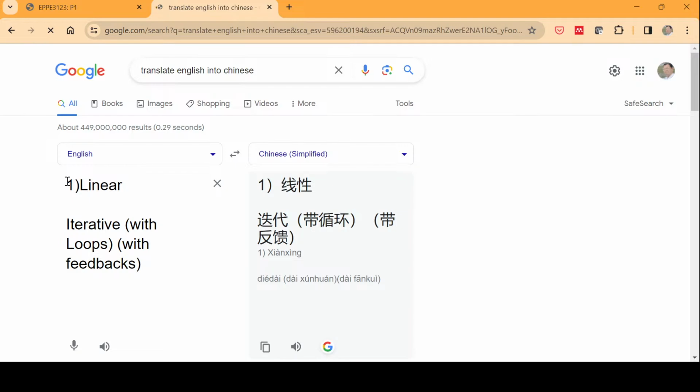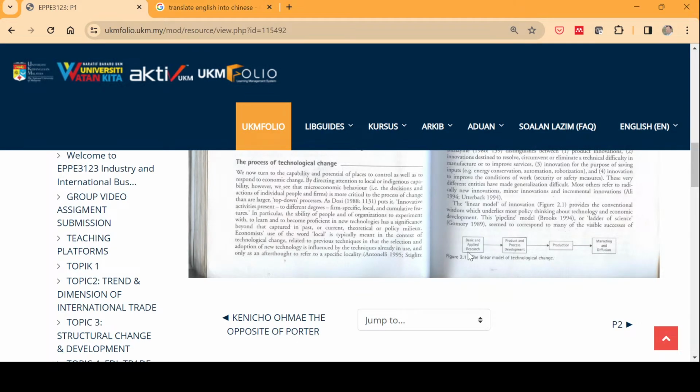The picture that we're seeing here is a linear model, starting with basic and applied research, and that leads to product and process development, and leads to the actual production, and then marketing and diffusion, to sell the products.